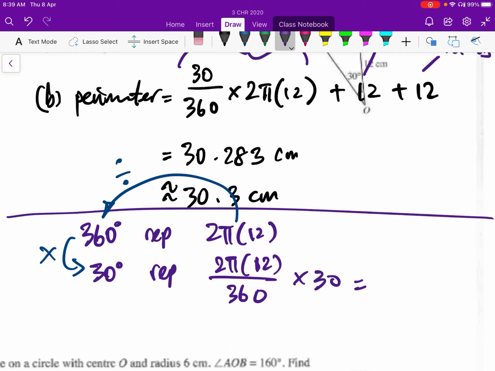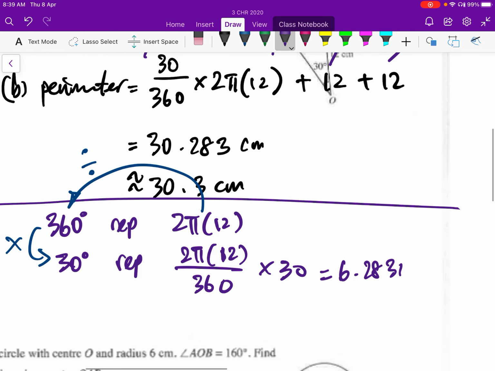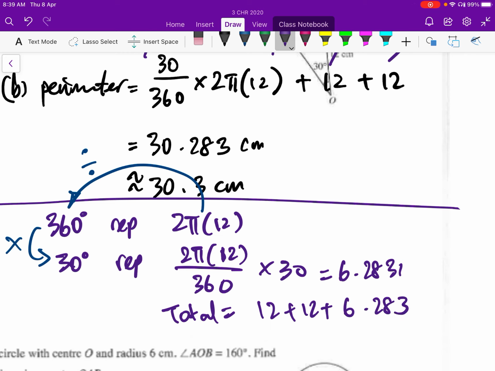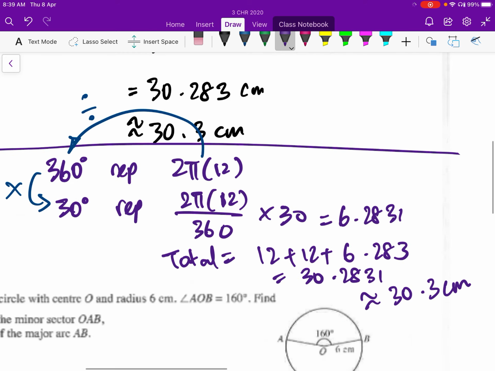Get the same answer. So this will be 6.2831. Then you still need to add 12 plus 12 plus 6.283. Okay, so this is the second method.